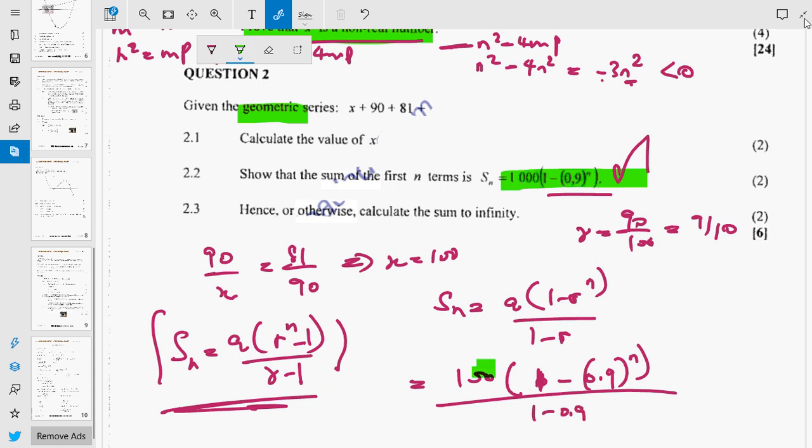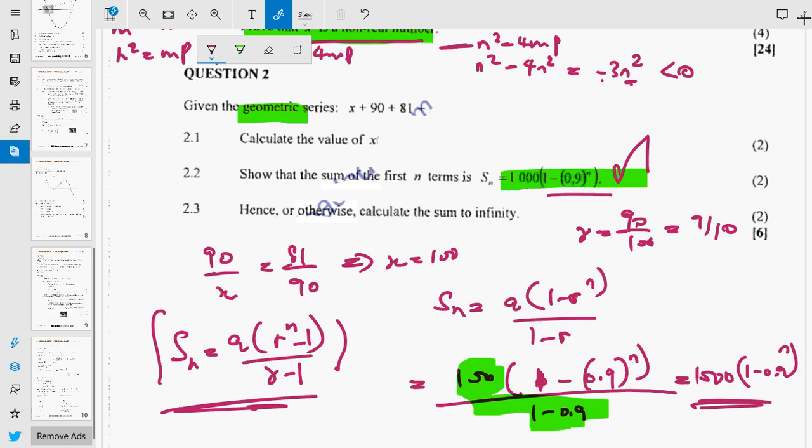Now you're going to punch this in your calculator, and voila, you're going to get 1000 times 1 minus 0.9 to the power n, which is what you are required to prove.